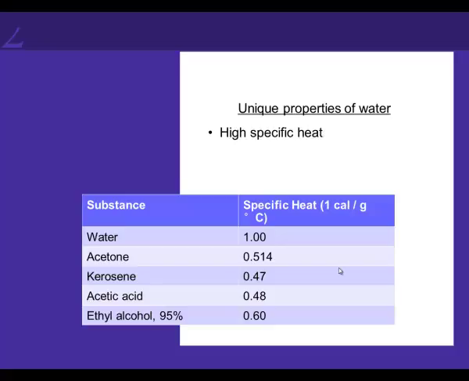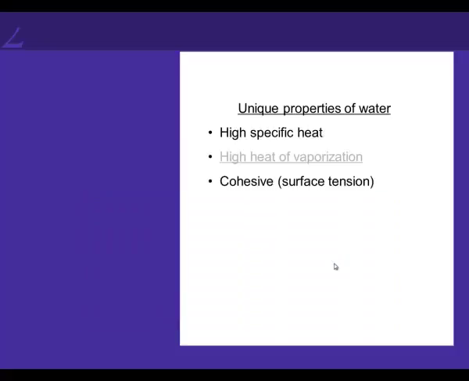So, for example, you might see a more mild climate near a beach or a lake because of the amount of heat that that water body can absorb before it changes temperature. This is also really good for us because it means that our bodies don't tend to heat up very rapidly, and it makes us somewhat resistant to temperature changes.